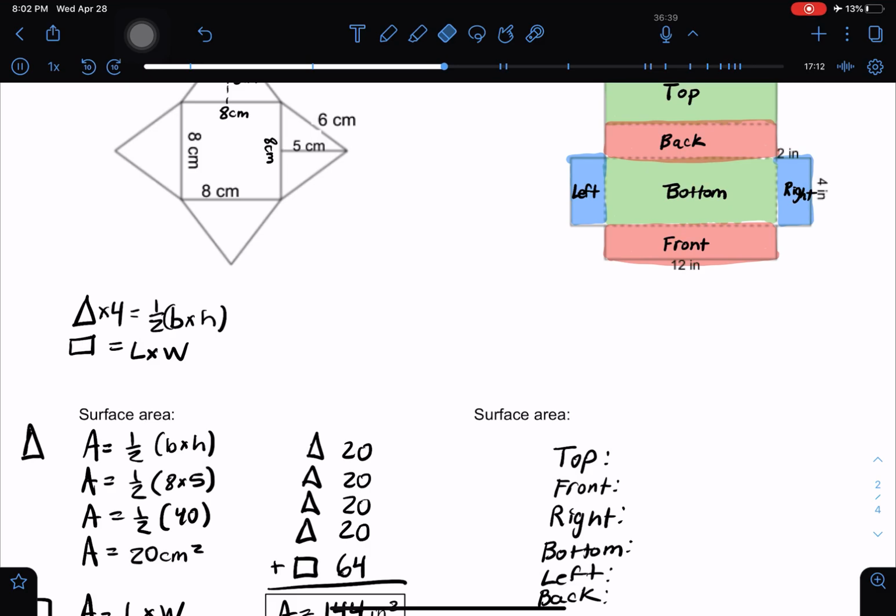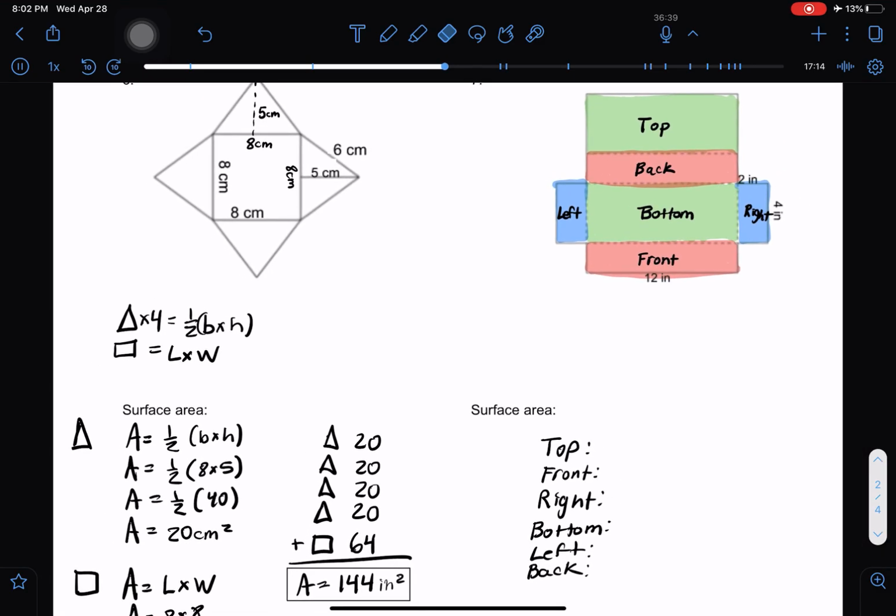So finding the area, starting with the top, I know that this has a height of 4 because I see that the height of this bottom is also 4, and all of these would obviously have a width of 12, seeing that the front side has a width of 12.